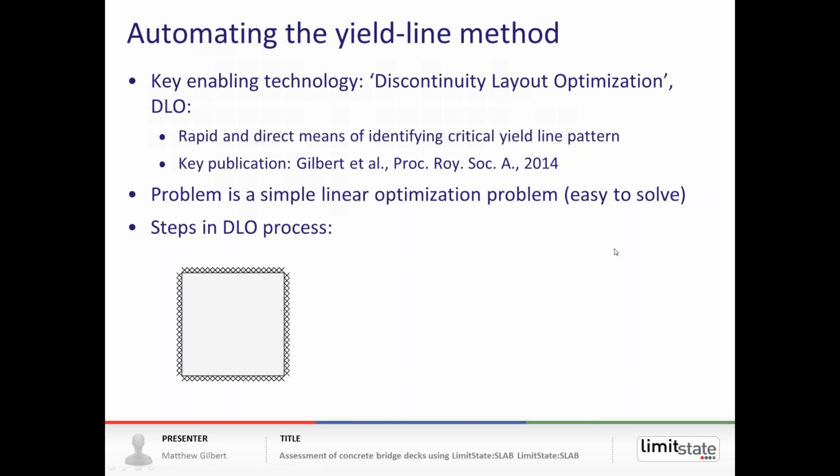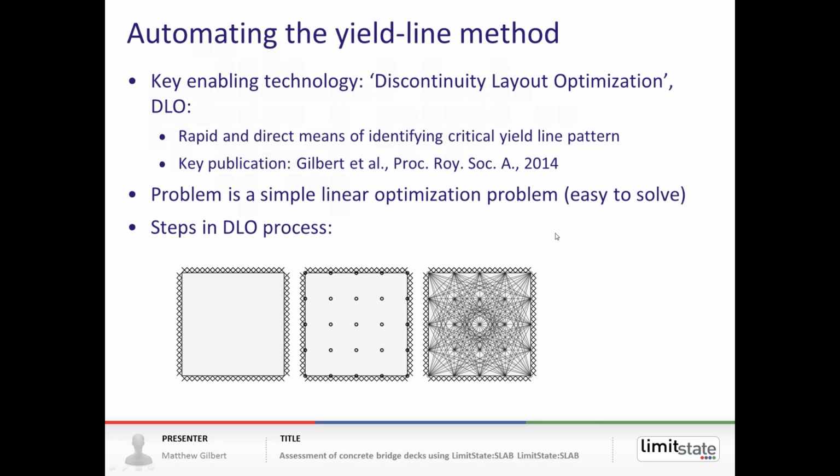How do we solve the problem using DLO? Well, if we have a slab, first thing to do is to populate the slab with nodes. Typically, we would have a uniform distribution of nodes that we spread across the slab. We then connect those nodes together with potential discontinuities or yield lines in this case.